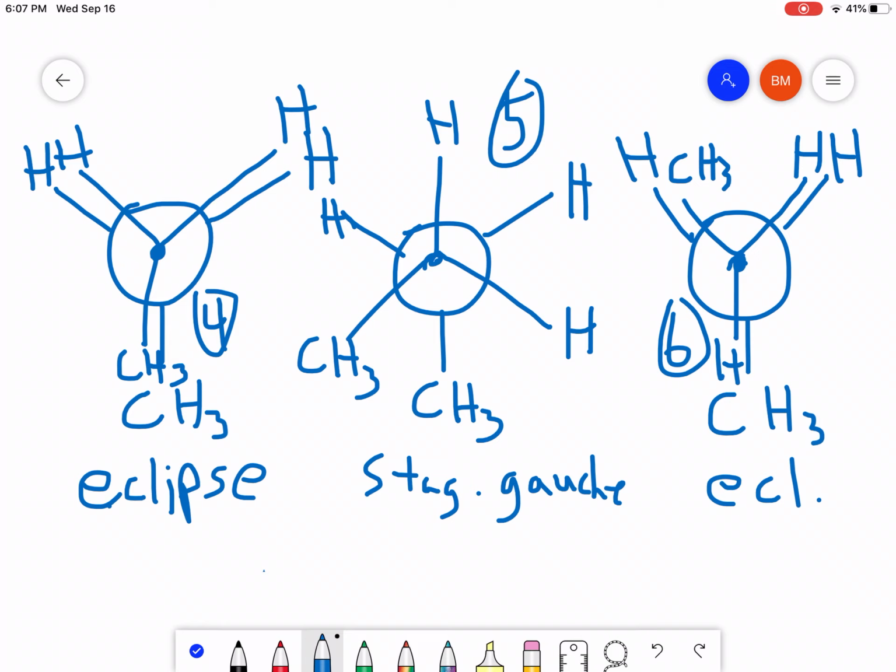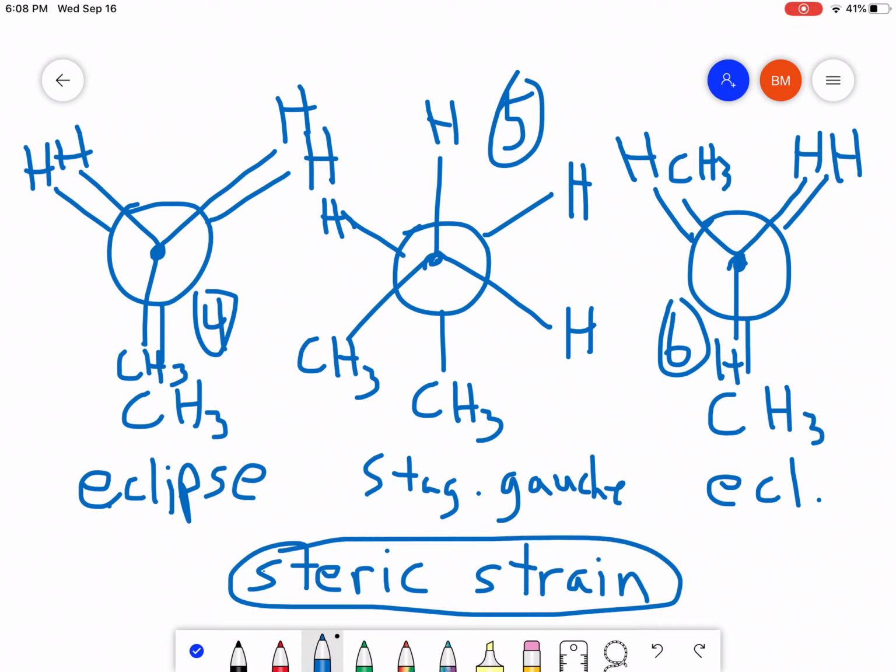We have to worry about something called steric strain. And you're going to hear this phrase a lot in different contexts. We talk about this quite a bit in organic chemistry. Basically, when you hear steric strain, that means instability due to crowding, right?